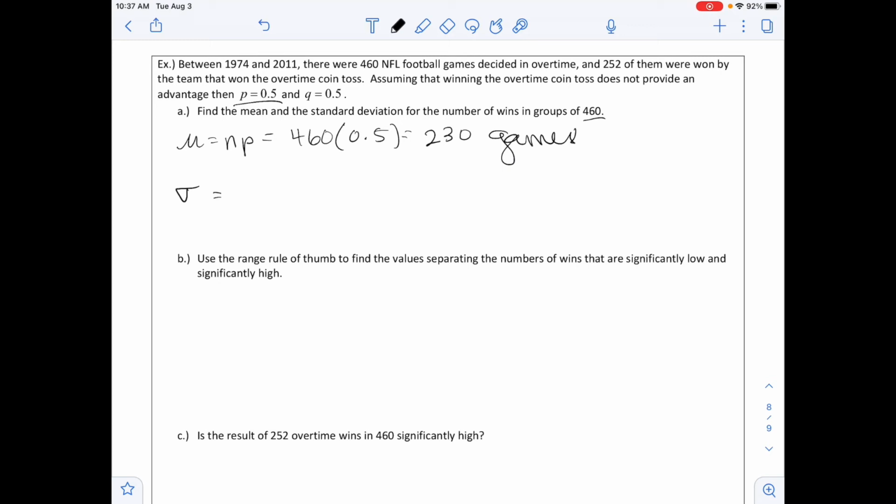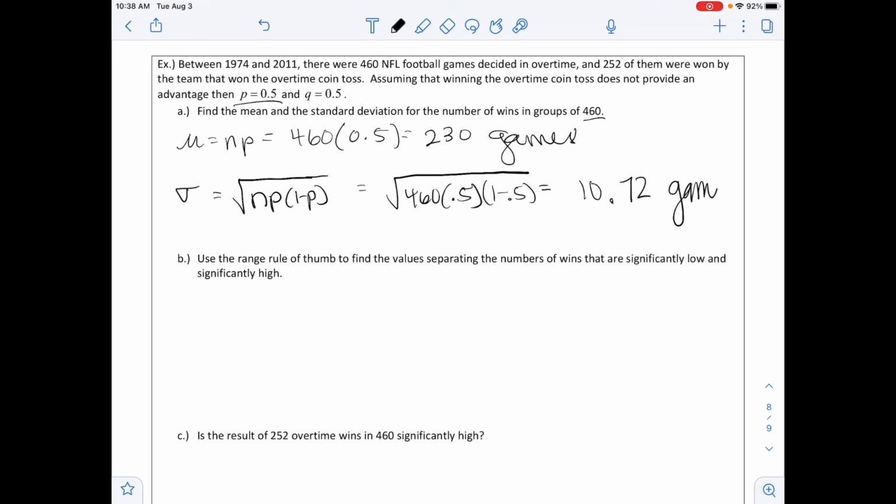And then our standard deviation is equal to the square root of n times p times 1 minus p, or you can write that as a q, which is going to be the square root of 460 times 0.5 times 1 minus 0.5. And working this out, around 2 decimal places, you get 10.72 games.